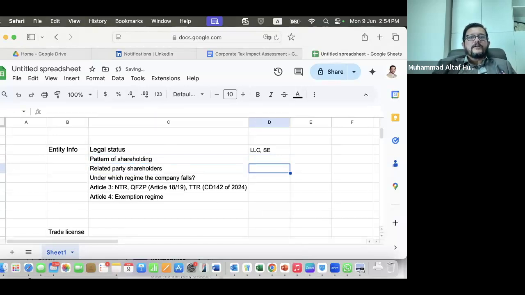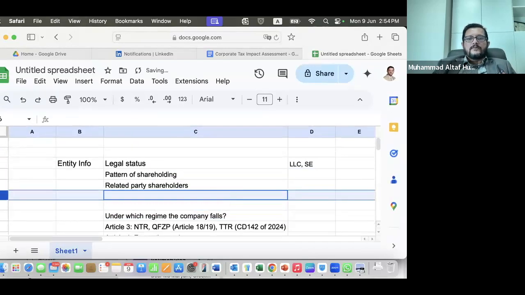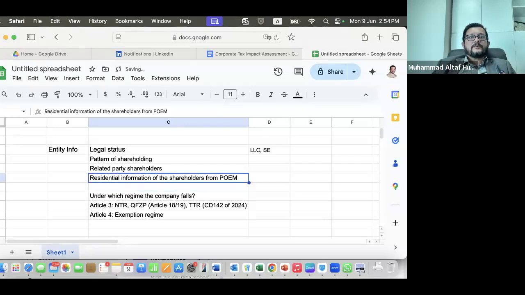That will give us information about the residential information of the shareholders. Why? Because from the POEM perspective, we'll find out.